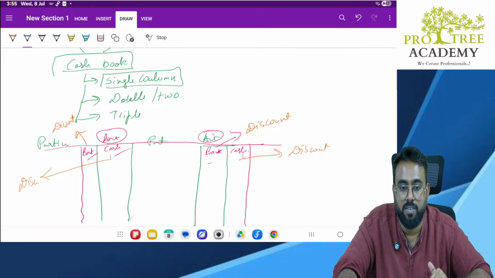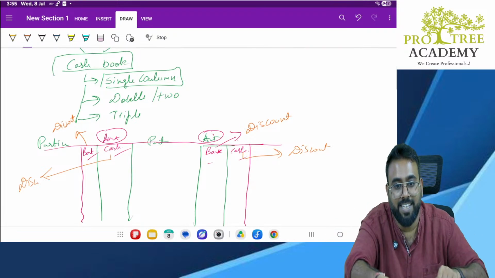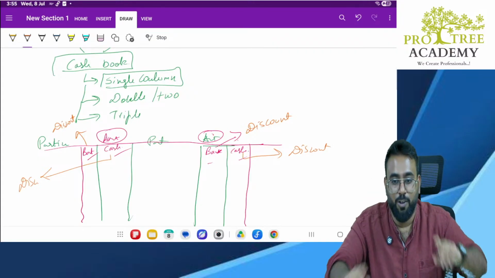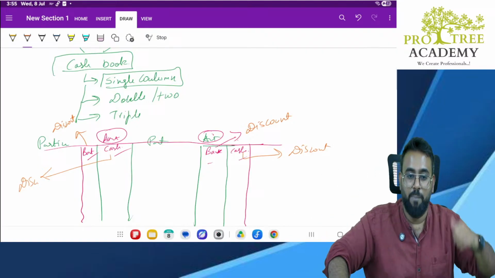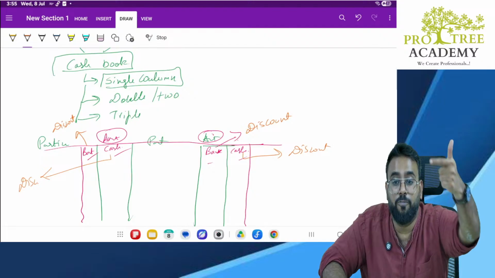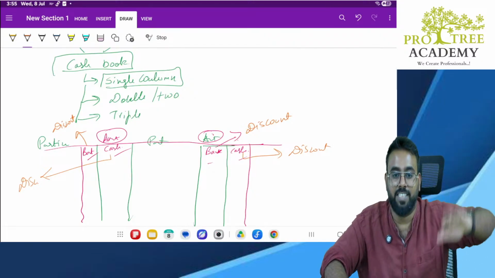Cash book doesn't mean that you have to only do physical cash. Bank is also called cash only. If you look at the financial statement, cash and cash equivalents, bank balances, cash balance, your short-term fixed deposits, 1 month fixed deposits, they will all be called cash.